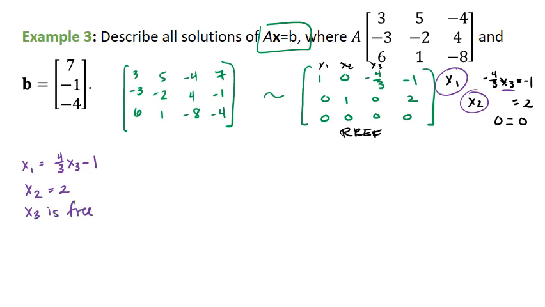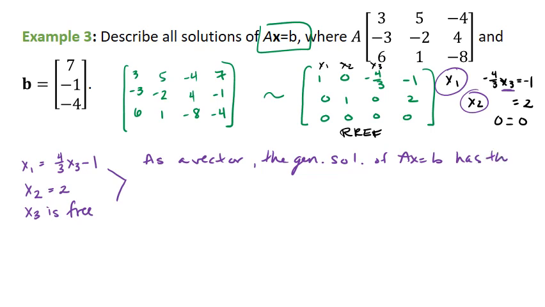Okay, so from here, I'm going to say, as a vector, the general solution of AX equals B has the form of the following.